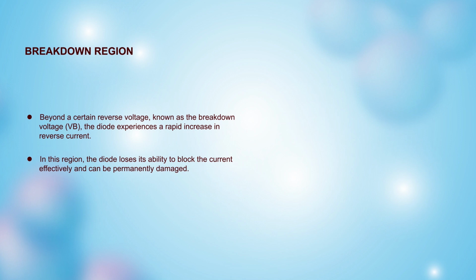So, from this we have seen that beyond the avalanche breakdown, the current rapidly increases, and if protection is not provided, it can damage the diode. So, unless the diode is designed to work in reverse biased condition, the voltage in the reverse direction should never be increased beyond that limit.